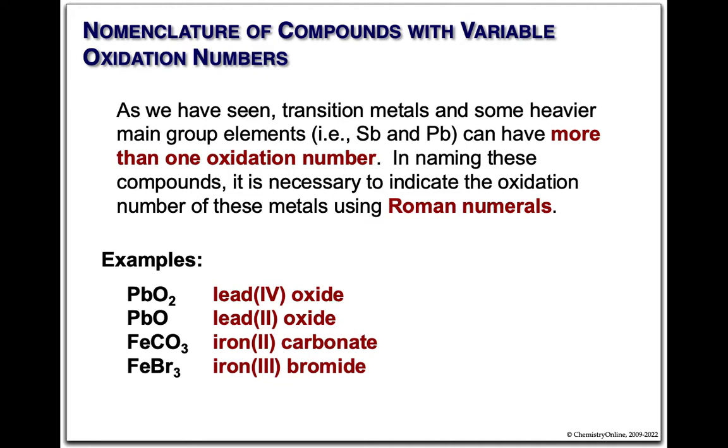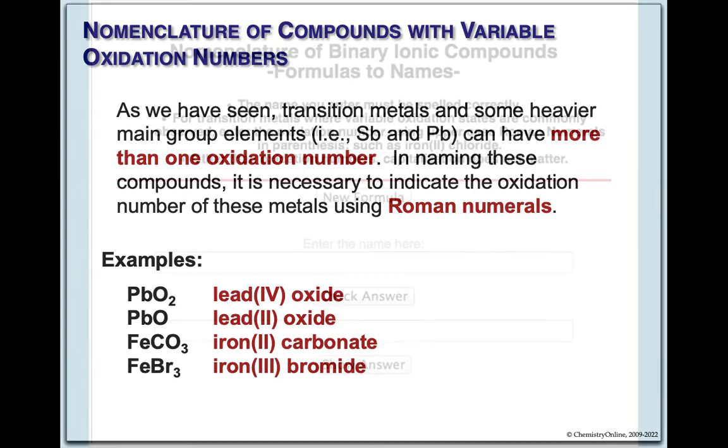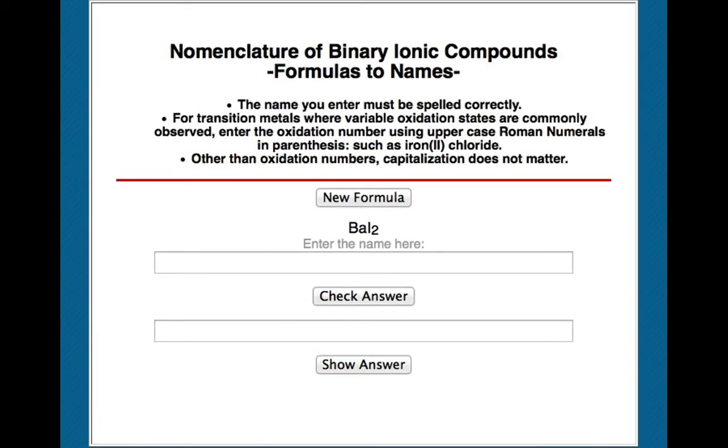Once you think about it, it's not that complicated. You're simply putting the charge down. You have to use Roman numerals, and remember not to put a space in. There's a tutorial here that covers nomenclature of binary ionic.